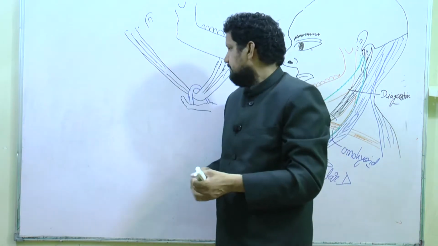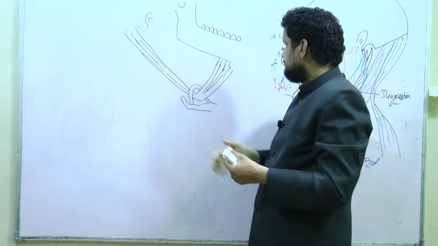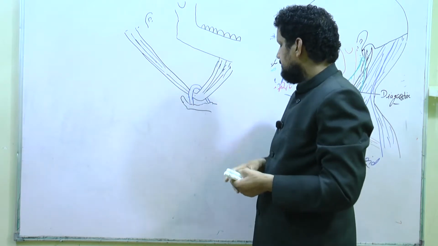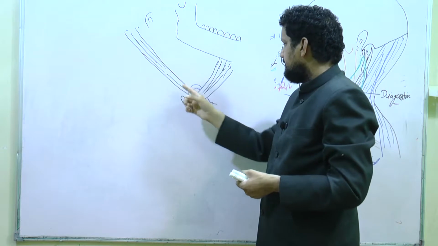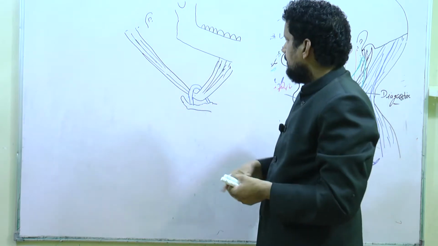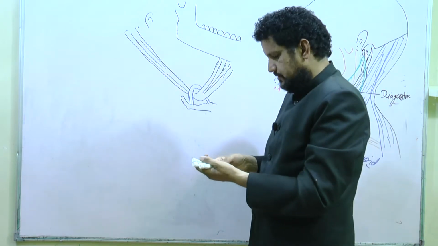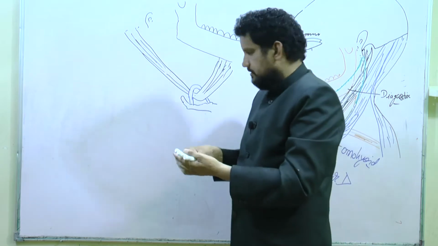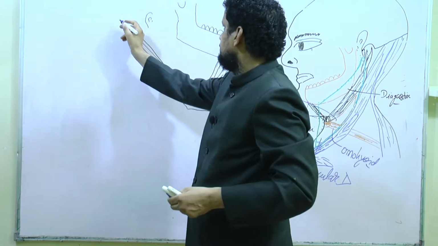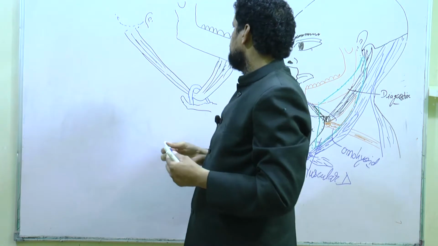So here we can see the mandible. This is the base of the mandible. The fibrous pulley, intermediate tendon of the digastric and the hyoid bone is here. The posterior belly of the digastric, the ear, and this is the mastoid process of the temporal bone.